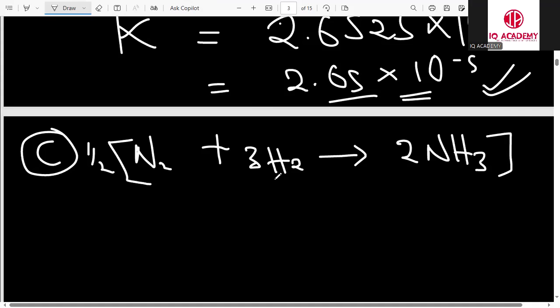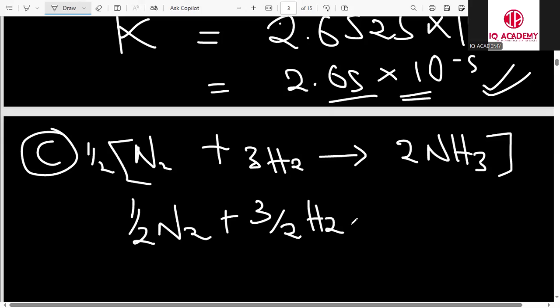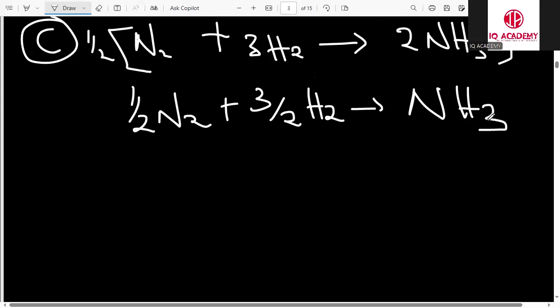So when you multiply by half, you get half N2 plus, multiply this 3 by half, you have 3 over 2 H2, equals half multiplied by 2, the 2 will disappear, right? You just have this. Okay, and the question now is to find the equilibrium constant for this.